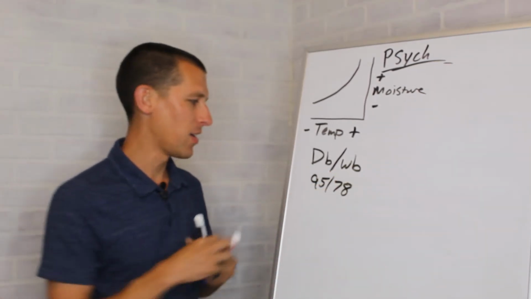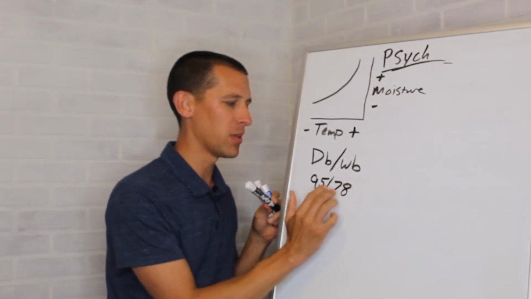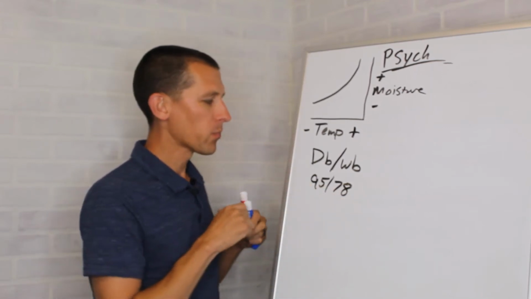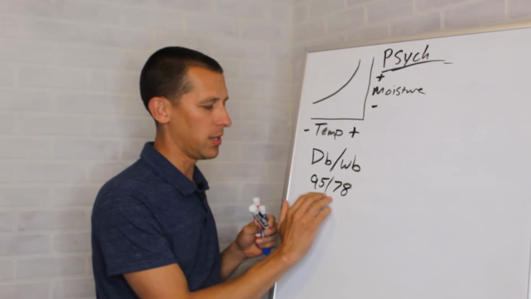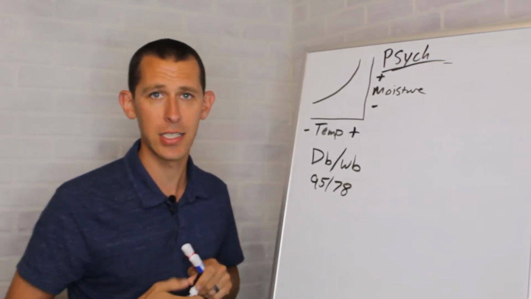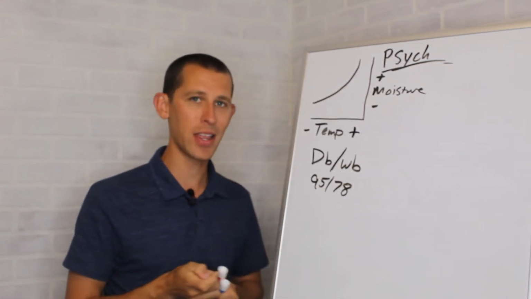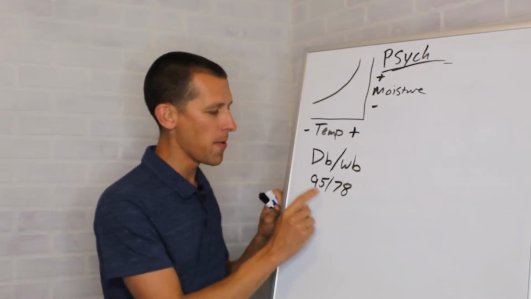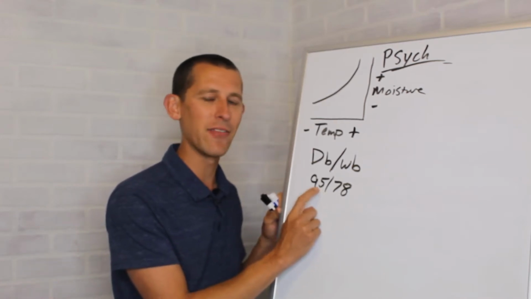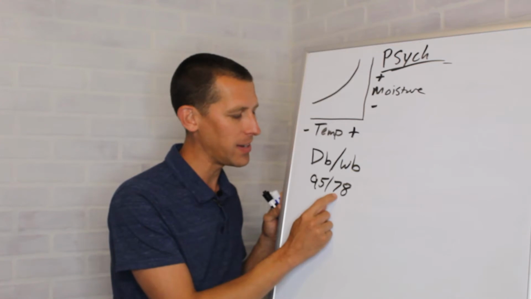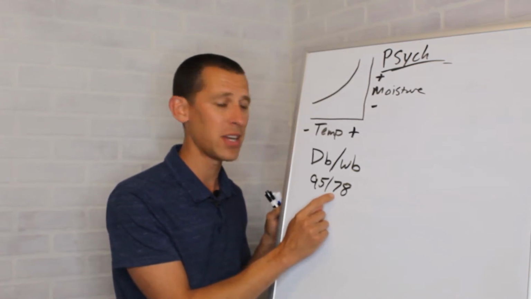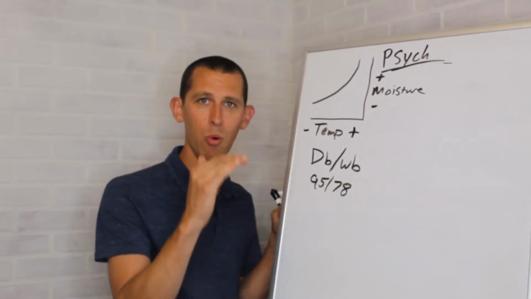We'll write it like that. What that means is 95 dry bulb, 78 wet bulb. This is like standard design conditions in Nashville, for instance. So during a hot summer day, it's going to get up to 95, and at night it's probably only going to drop to about 78, which is how much moisture will come out of the air.